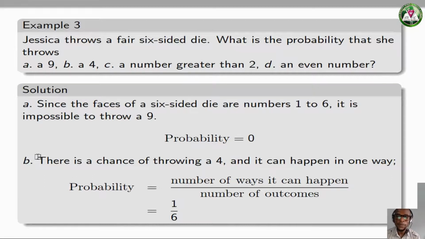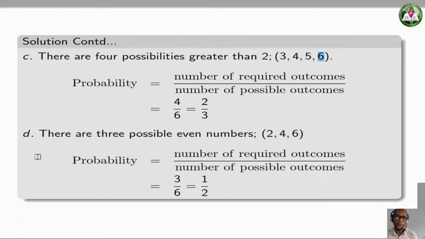So moving on to the last question, which says what's the probability that she throws an even number? Now, just like the technique we used in getting our outcomes from the previous question, there are three possible even numbers on a six-sided die, which are 2, 4, and 6. So number of required outcomes will be 3, because there are only 3 possible outcomes there.